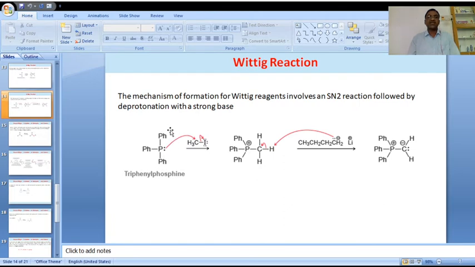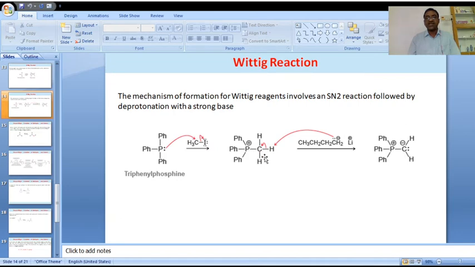Here this is the starting material triphenylphosphine, on reaction with the alkyl halide. Here the pair of electrons donates to methyl, the carbon-halogen bond cleaves, and iodide leaves the reaction, forming a phosphonium ion intermediate.